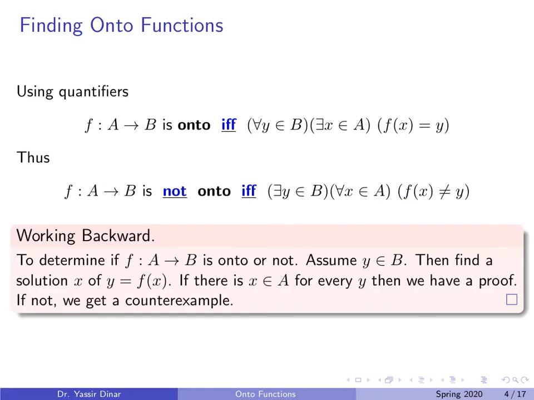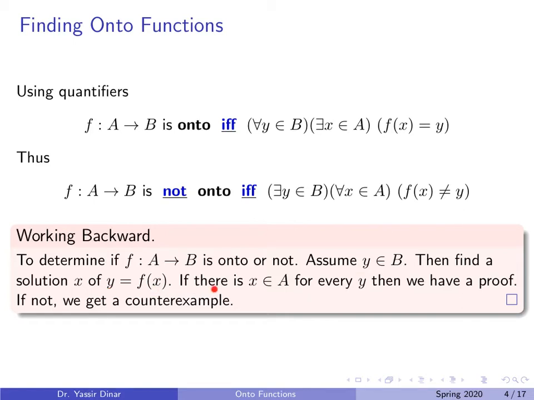In practice, the proof that a function is onto has some working backward. So to determine if a function f from a set A to a set B is onto or not, we assume an arbitrary element y in the set B, and then find a solution x of the equation y equals f of x. f is my function, x is a variable, and y is my assumption.